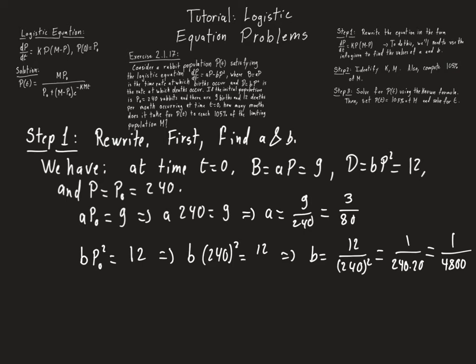So next up, we plug these values back into our equation. So this gives us that dp/dt is equal to, we have a times p. A is 3 over 80 times p, minus lowercase b times p squared, and b is 1 over 4800 times p squared.